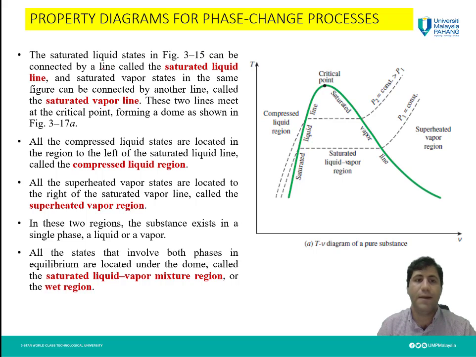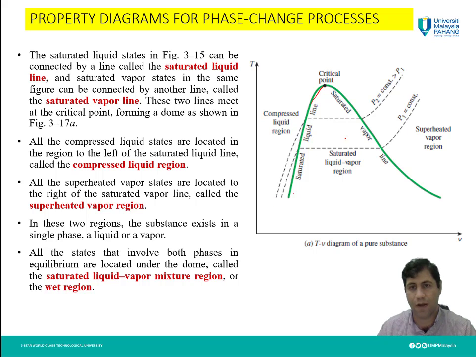And the saturated liquid states, which we have already seen in the figure, are connected by a line called the saturated liquid line. Why do we call this the saturated liquid line? Because, for different pressures, imagine we have infinite pressures.